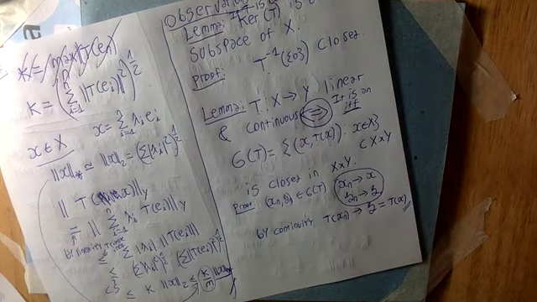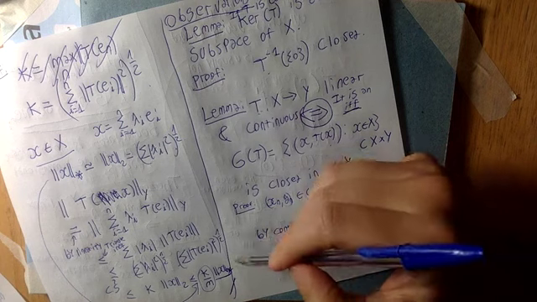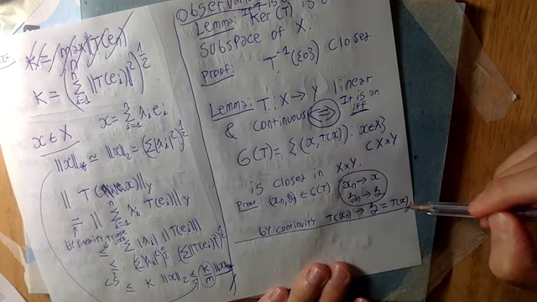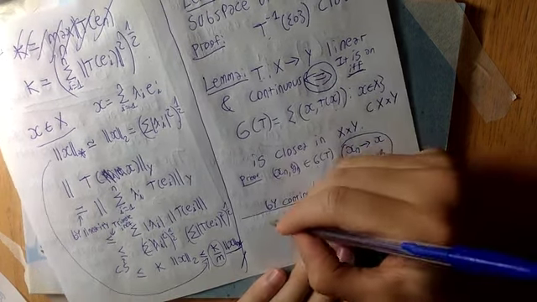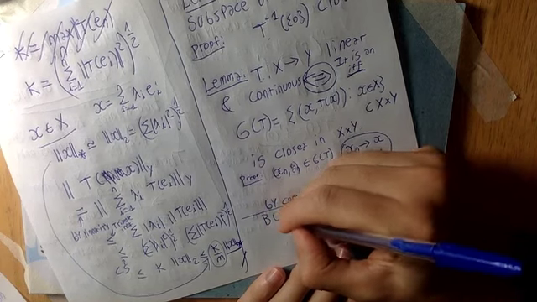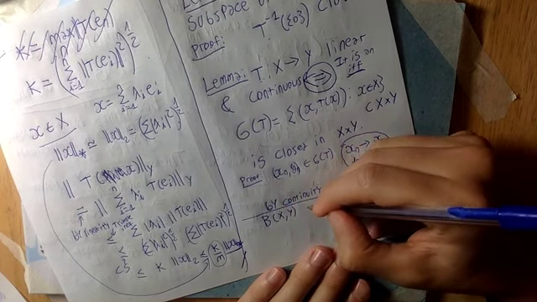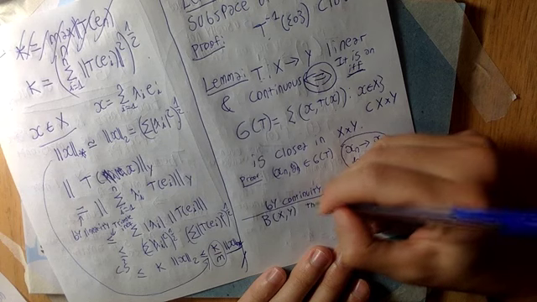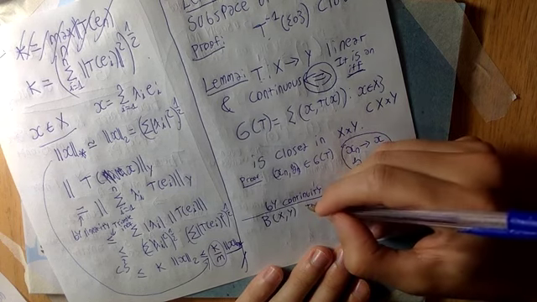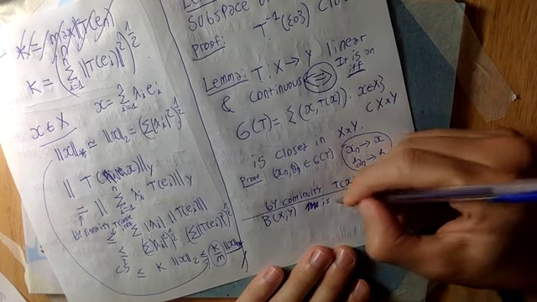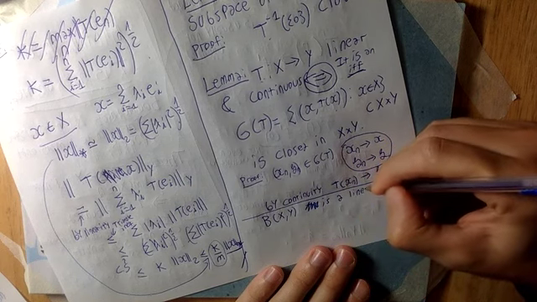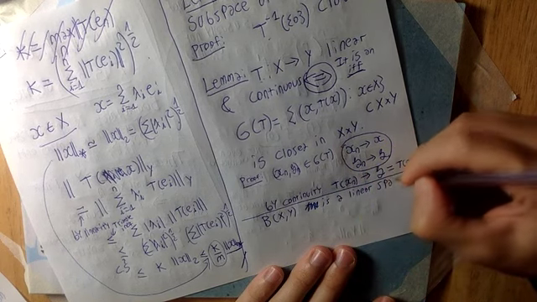And then finally, something I'm not going to prove, but it follows just by the triangle inequality and these kinds of things, is that the space of bounded linear functions, B(X,Y), is a linear space.